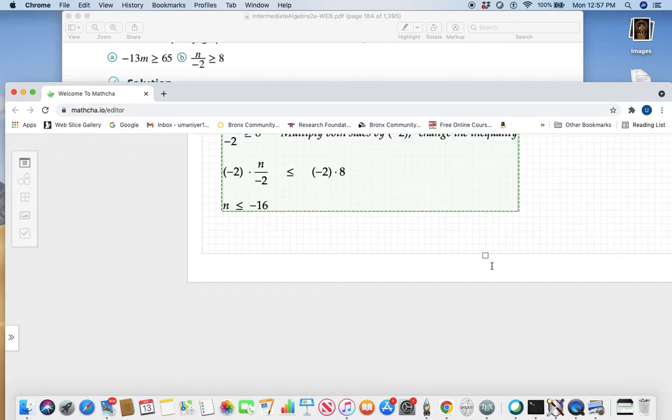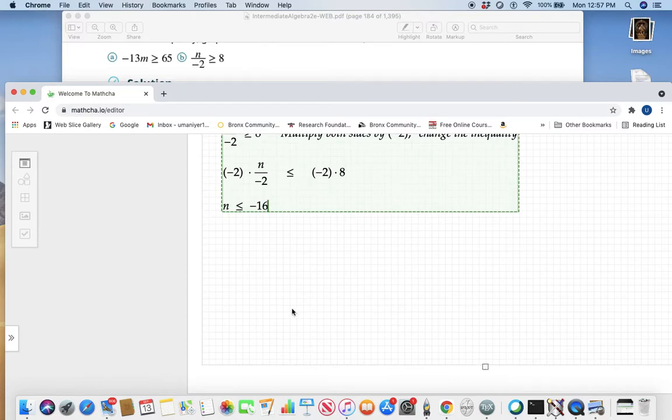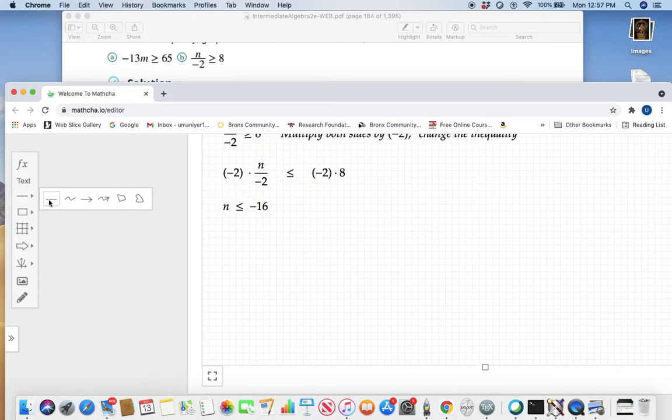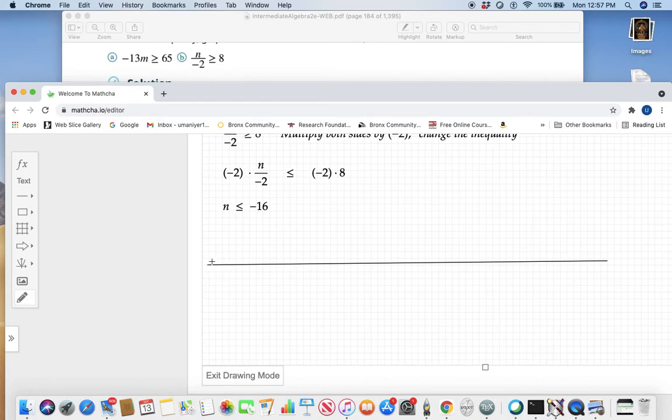Let's graph this. Okay. Negative 16 is somewhere on the number line, and notice less than or equal, so that's a filled in point. Less than means you are going to the left.